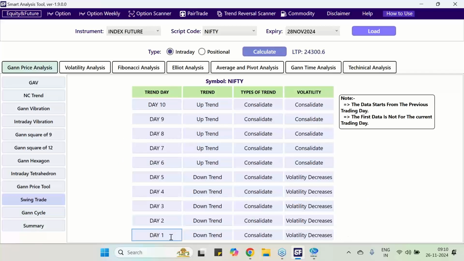When we say day 1 to day 10, it shows the type of trend, which is consolidation, and volatility is also consolidation. So a consolidation trend is there. This is a new feature added, which is not updated yet. Once you update over the weekend, you will get it.